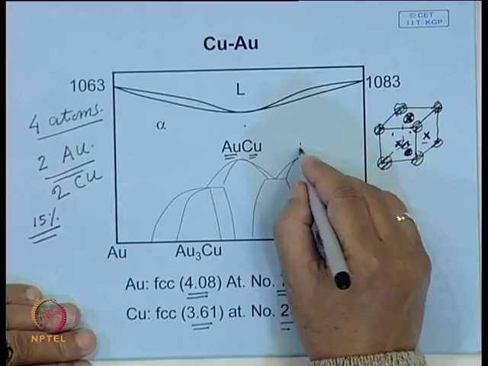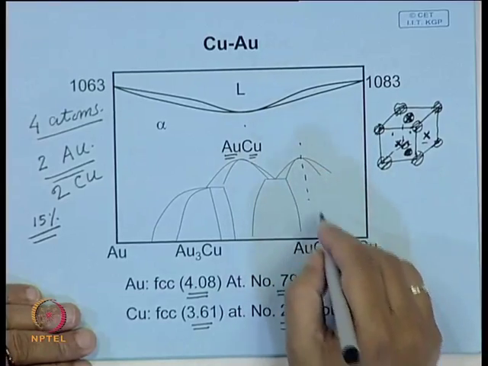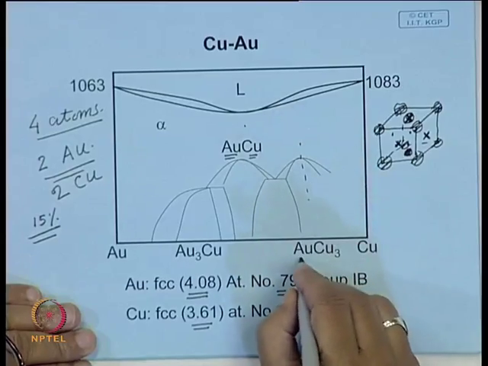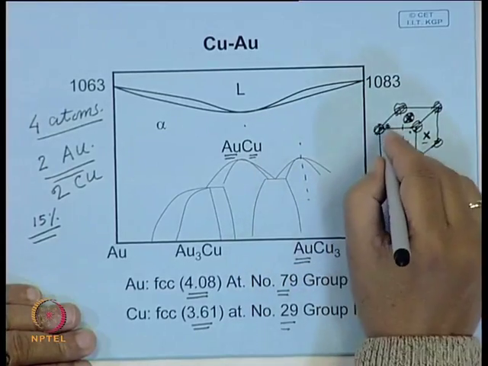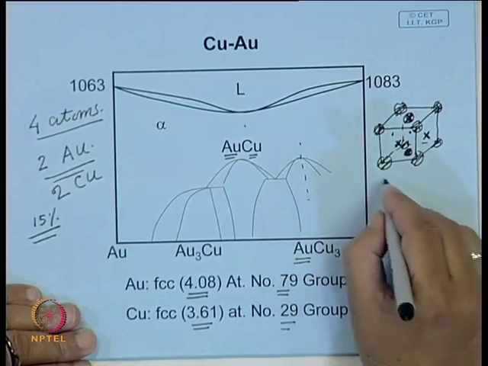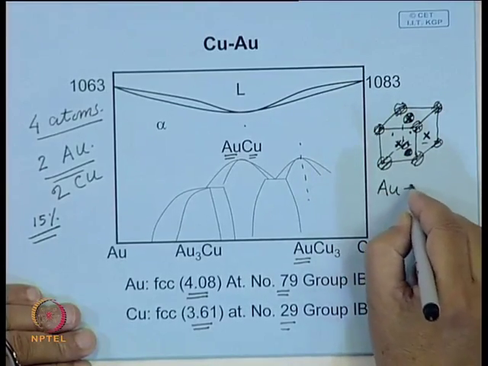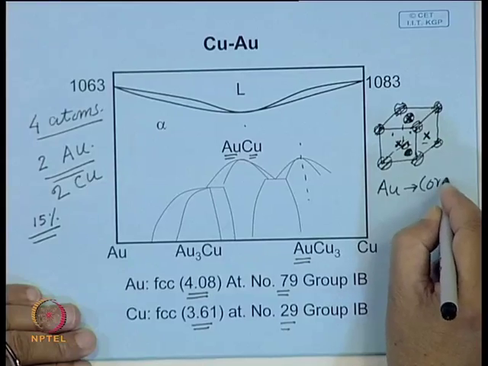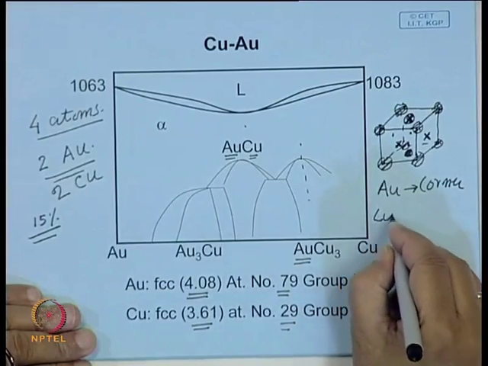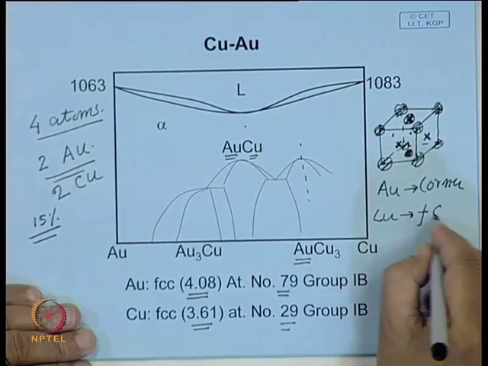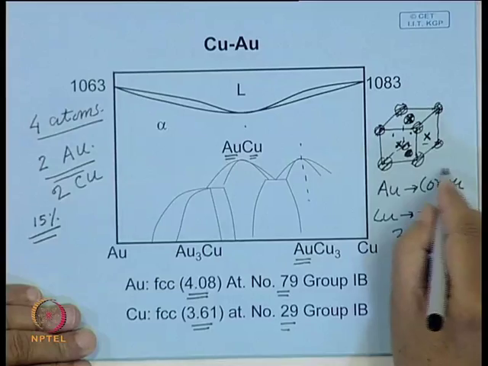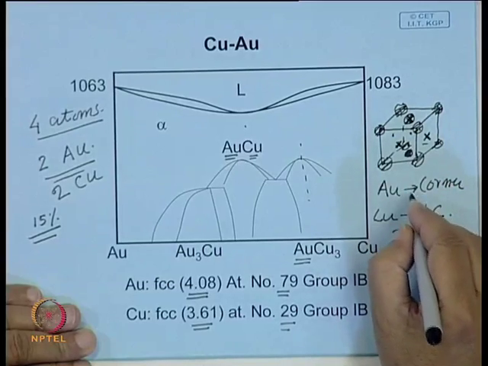Similarly, if you look at here, a similar kind of rearrangement takes place. Here all gold atoms will occupy the corner sites. So, gold goes to the corner site and copper atoms to the face center sites. So, there are 3 face centers and 1 corner site.